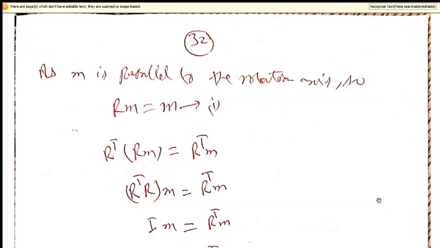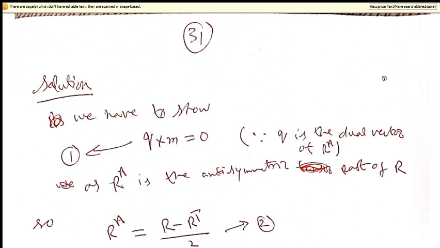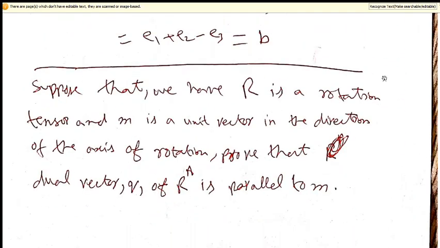And as we know, M is parallel to the rotation axis and R is a tensor, as given, R is a rotation tensor.